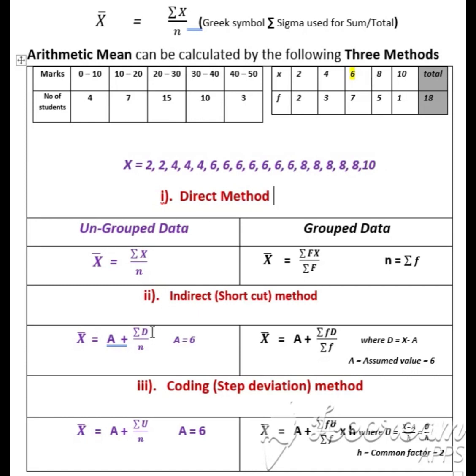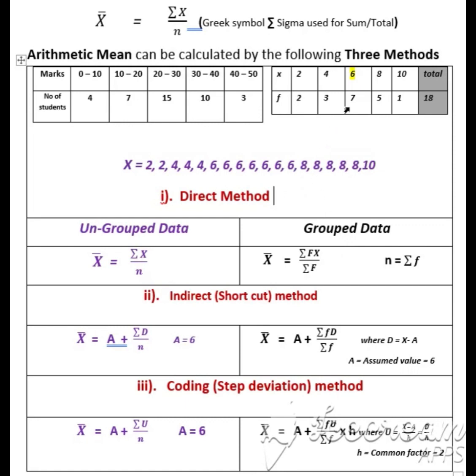Now d is called deviation or difference, the difference x minus a. So first assume any value from x, then subtract that value from each value of x, and that becomes d.